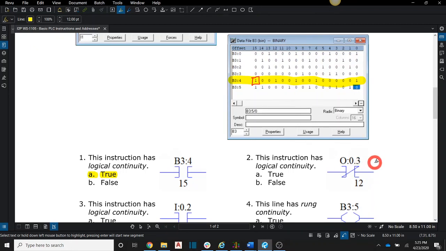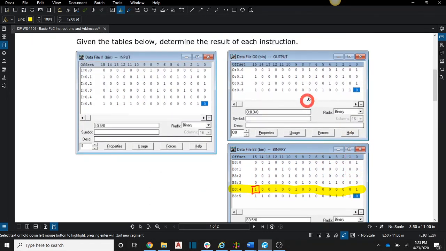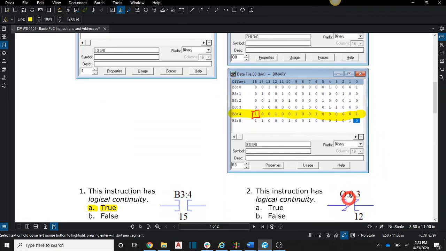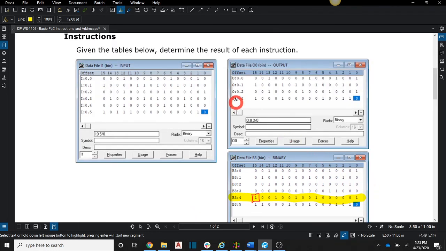So let's go to our output table. So right here you see the output table, okay? And we said that it was output 0.3, slot 0, word 3. So that's going to be all 16 bits along here, okay?